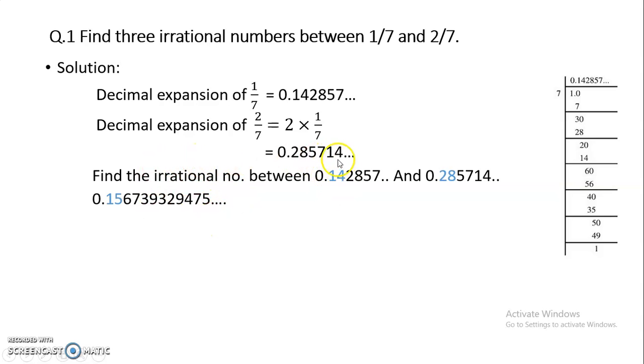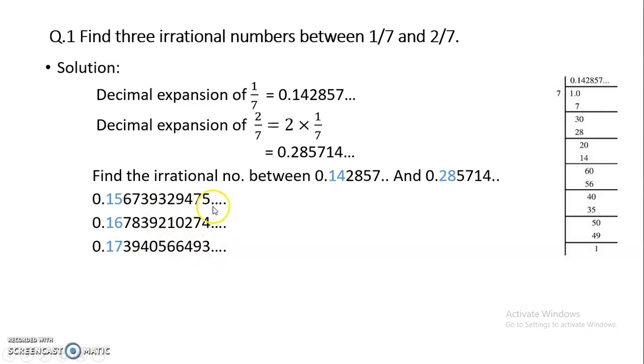So any numbers: 0.15, 0.1678... 0.16 also lies between 0.14 and 0.28. 0.17 also lies in between 0.14 and 0.28. Only thing you have to remember is please don't repeat the numbers that you write after this. Okay, so you understood?